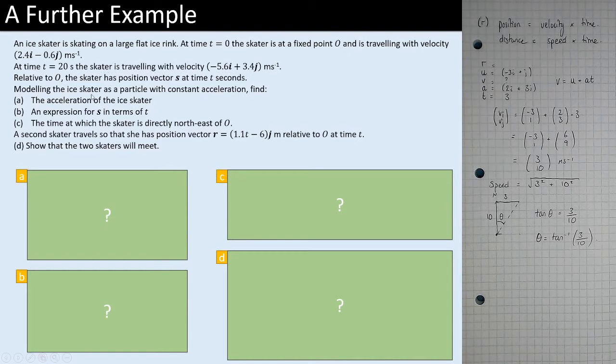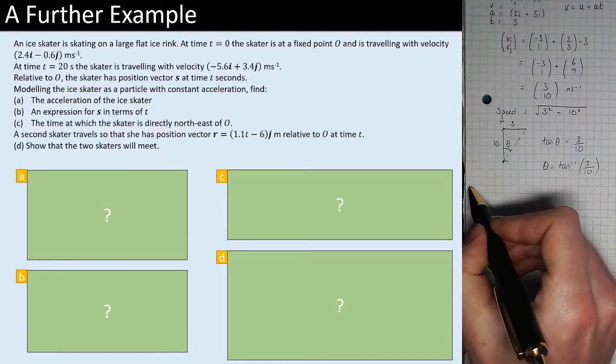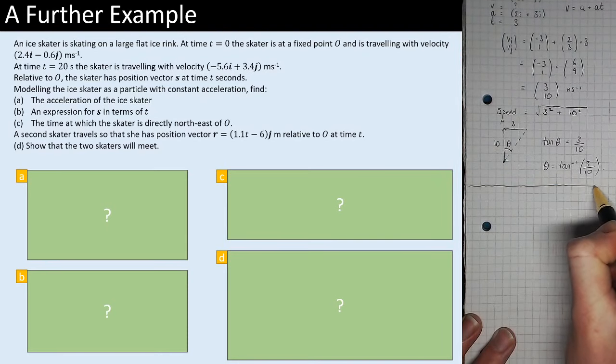Modelling the ice skater as a particle with constant acceleration, find the acceleration of the skater, an expression for s in terms of t, and the time at which the skater is directly northeast of the origin point, to start off with.